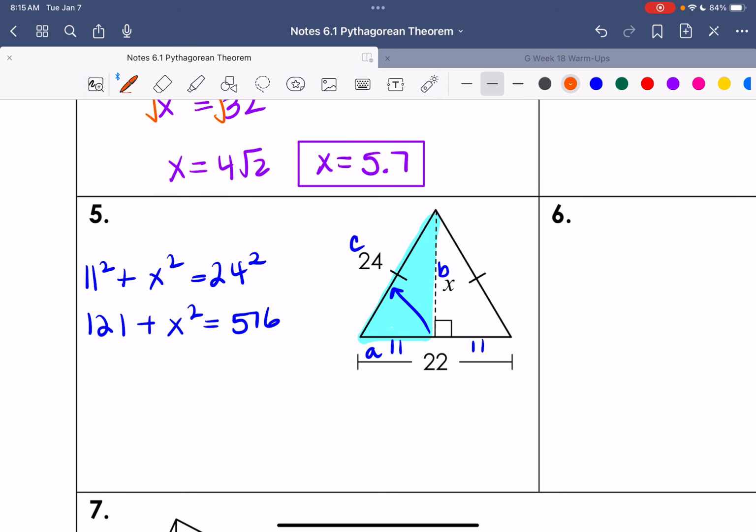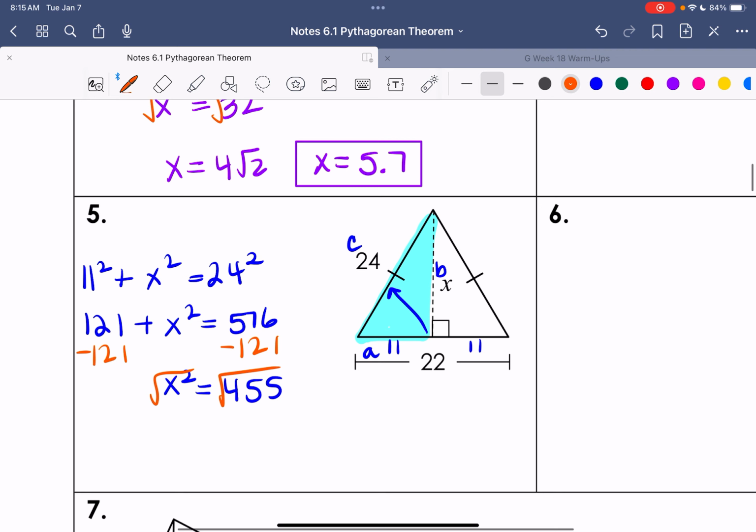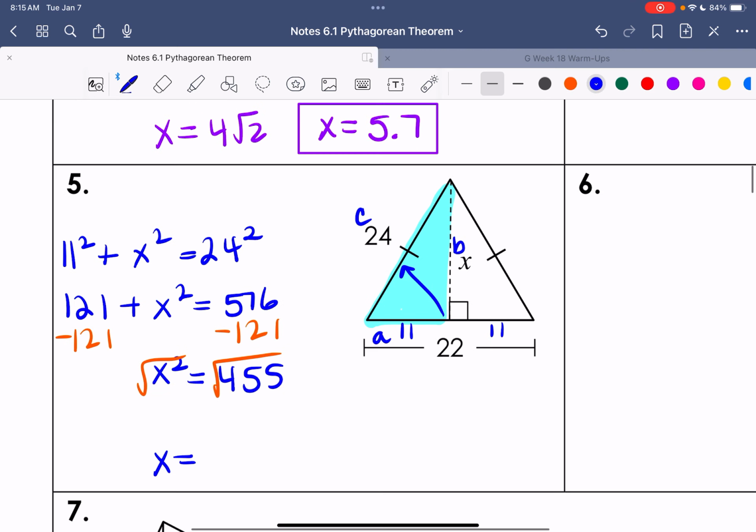Let's subtract 121 from both sides. X squared equals 455. And then we square root. X equals 21.3.